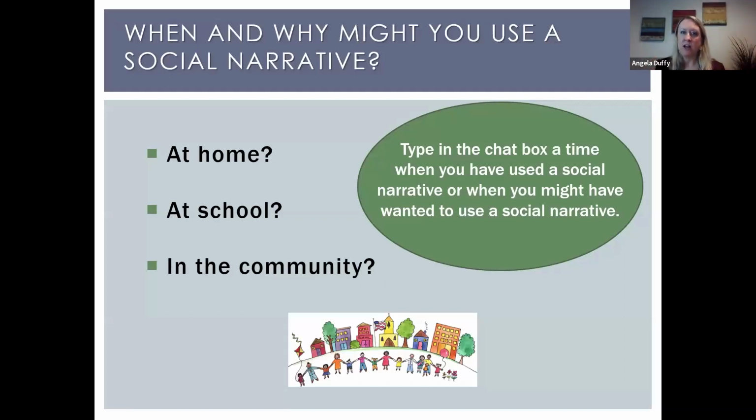So showing that picture ahead of time is really helpful. All right, another area, something different at school, because there are always different situations at school. So maybe a concert or an assembly, a field trip, or a fire drill. Oh gosh, those fire drills, that can be so loud.